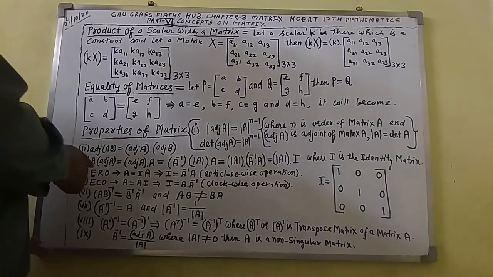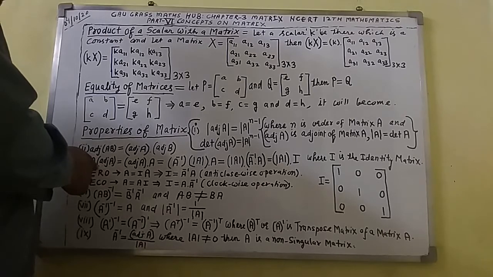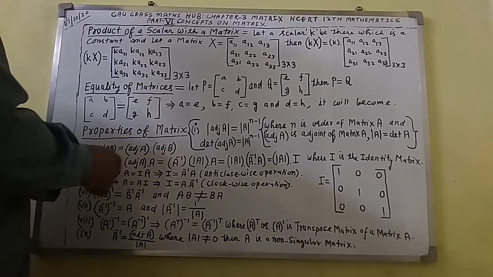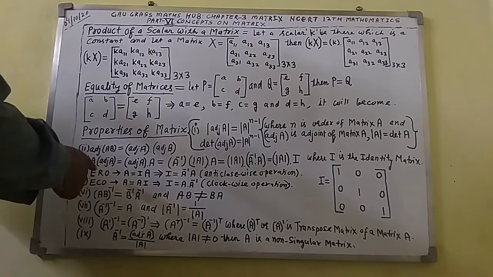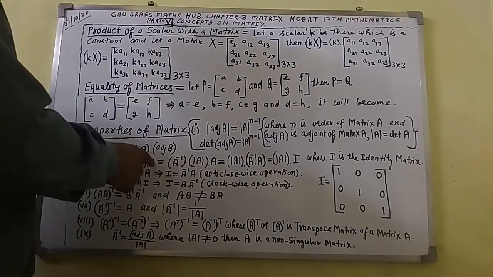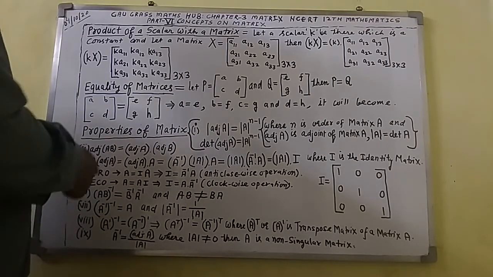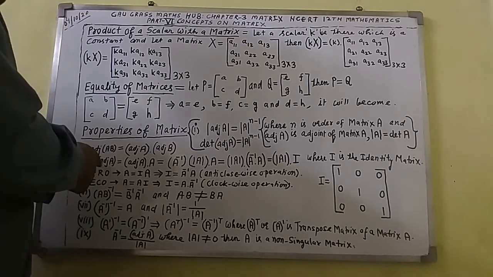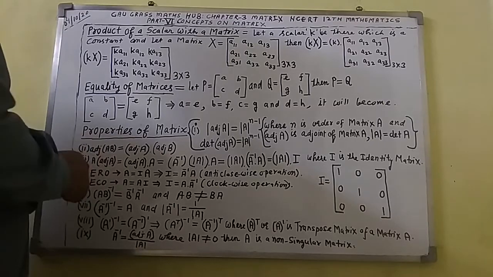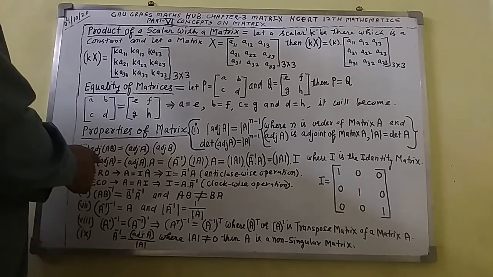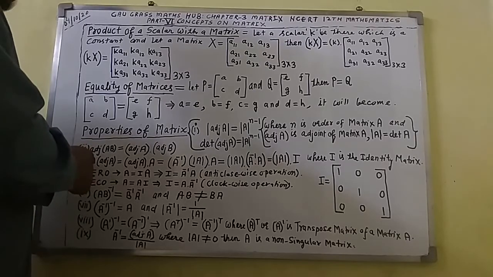Third, here it is mentioned A is multiplied to adjoint A, comes out to be adjoint A dot A. Here the commutative law I have applied, because here adjoint of matrix A is given.